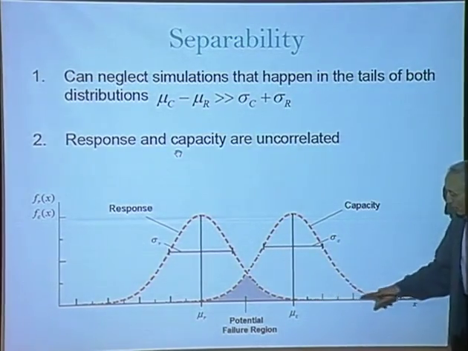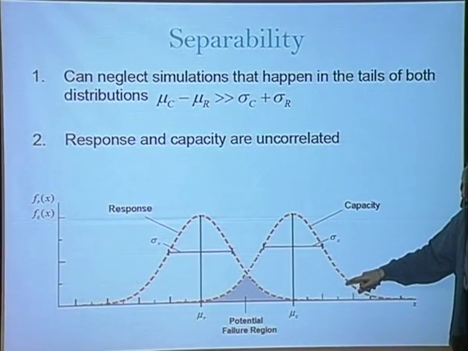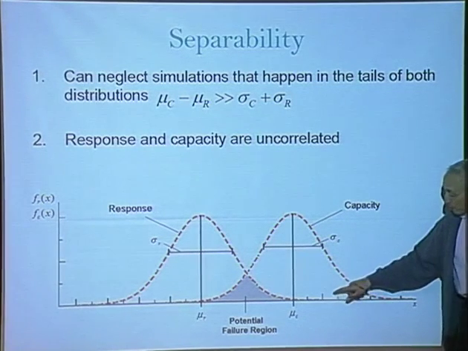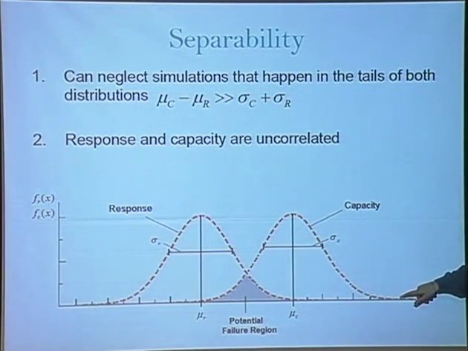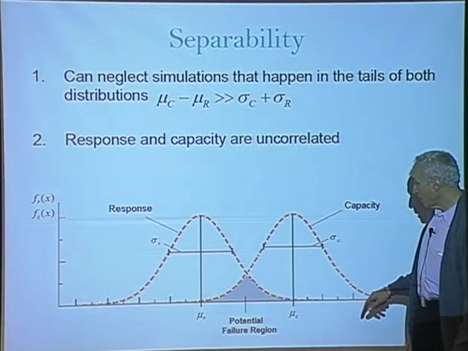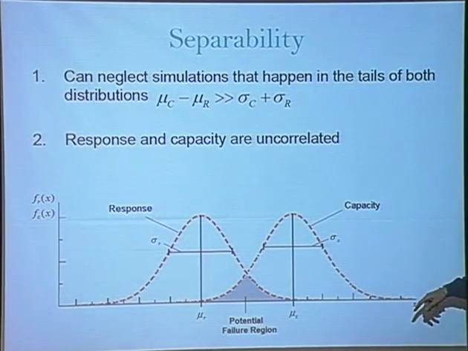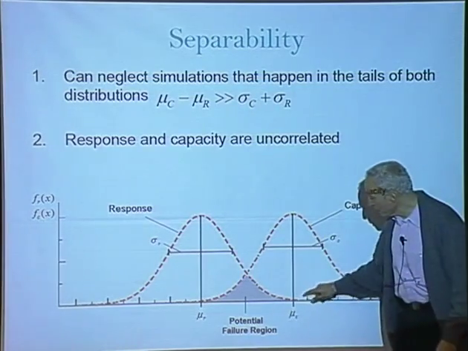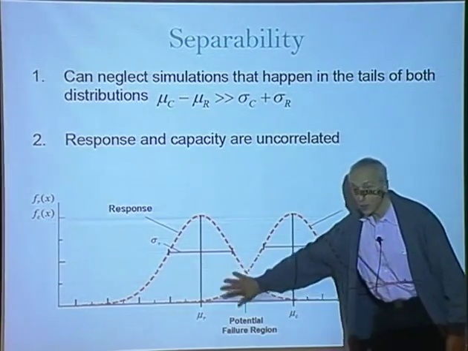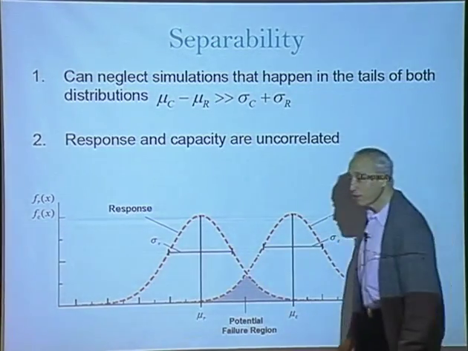We don't need to worry about calculating the contribution of the failure when the capacity is very low and the response is very high. This is a contribution from this little area that is almost negligible. Most of the action occurs here in the middle.